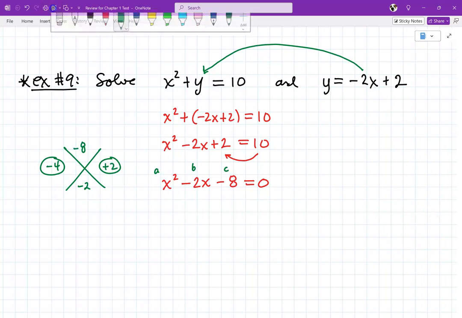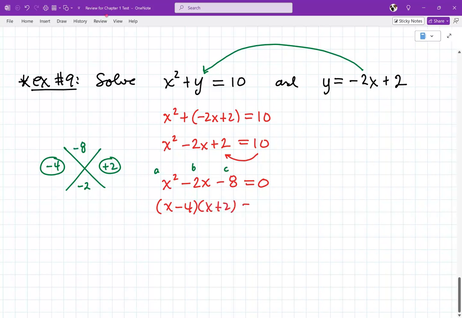Let me write those down. Then I'm going to solve for them. X minus 4, x plus 2 equals 0. Now I got to break them up, solve each one individually. So x minus 4 equals 0. X plus 2 equals 0. So my answers for x, not for x and y, just for x, are 4 and negative 2.